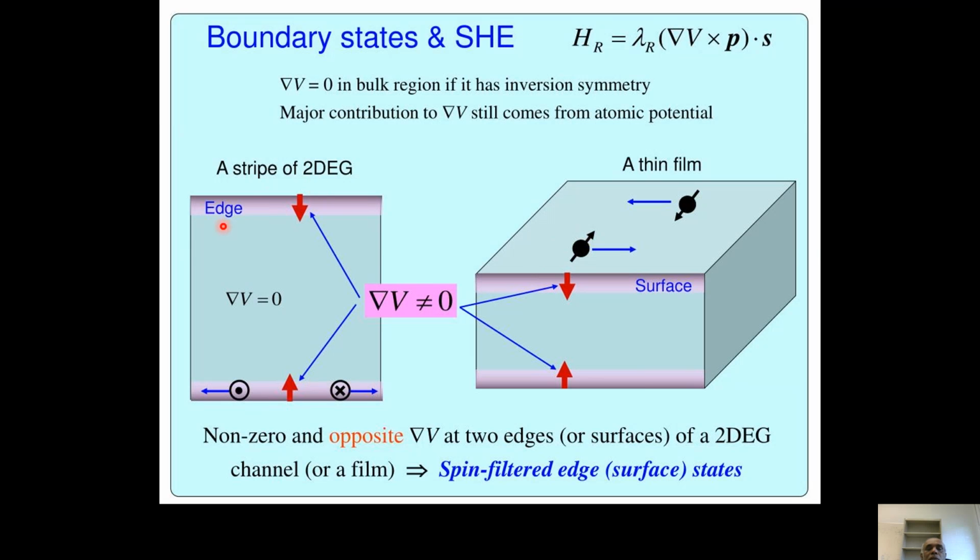So this is a simple two-dimensional case. Even if you have a thin film, it's the same situation. At the edges, your delta V is non-zero, then you have these surface states. Inside, your delta V is 0. So this is, we already talked about the Rashba effect.